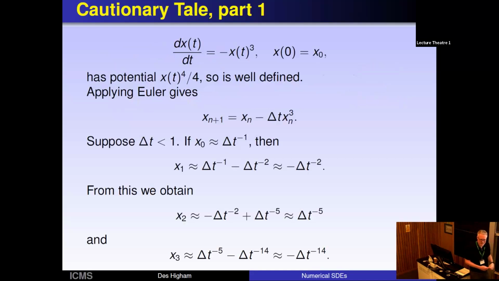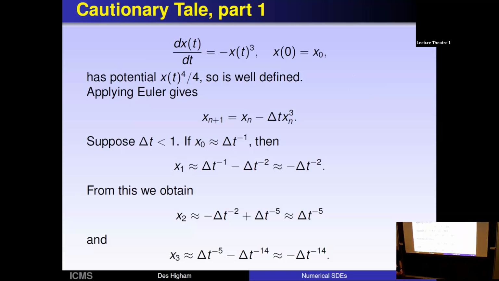If x is positive, the derivative is negative, taking you towards the origin. If x is negative, the derivative is positive, taking you towards the origin. So all solutions tend to 0. It's a dissipative ODE, a perfectly well defined ODE. What happens if we discretize it with the simple Euler method? Well, there's Euler.